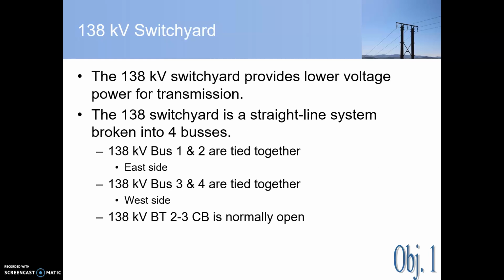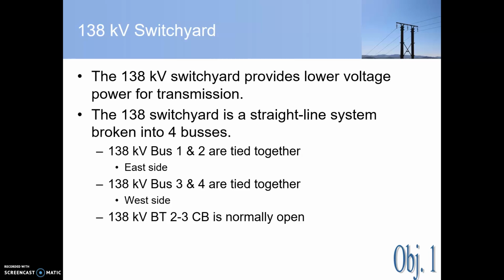The 138 kV switchyard provides lower voltage power for transmission. The 138 kV switchyard is different from the 345 kV switchyard in that it's not a double ring bus. It's a straight line system that's broken up into 4 buses. The 4 buses are connected together with a breaker that's open between them.